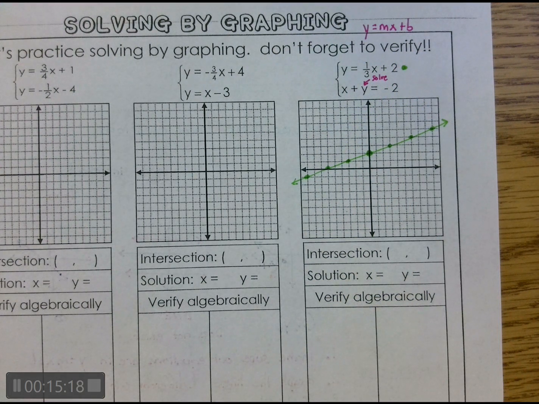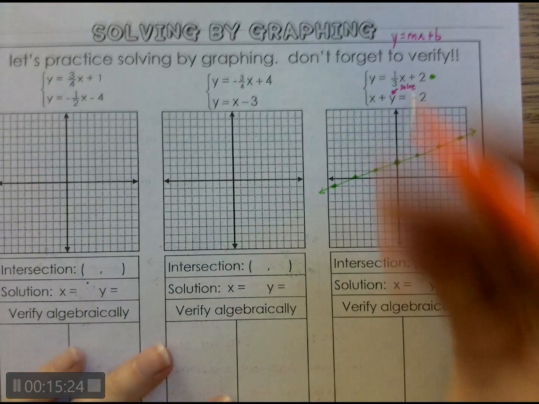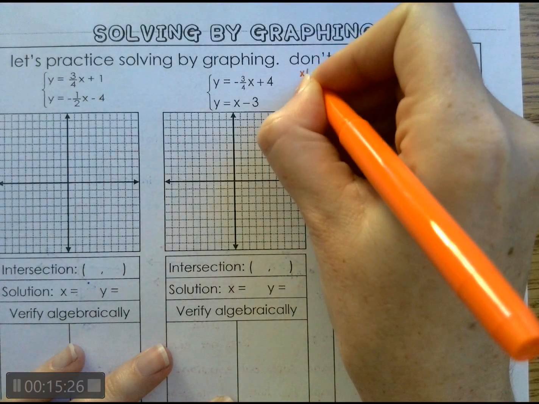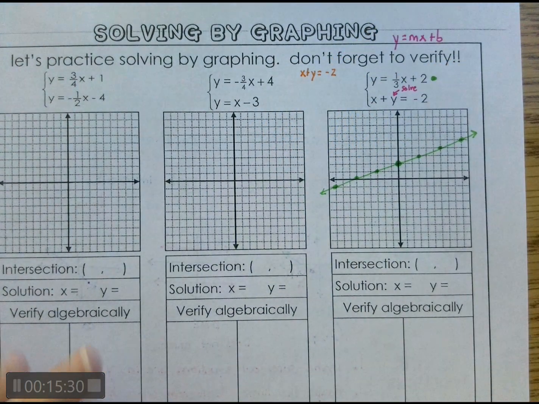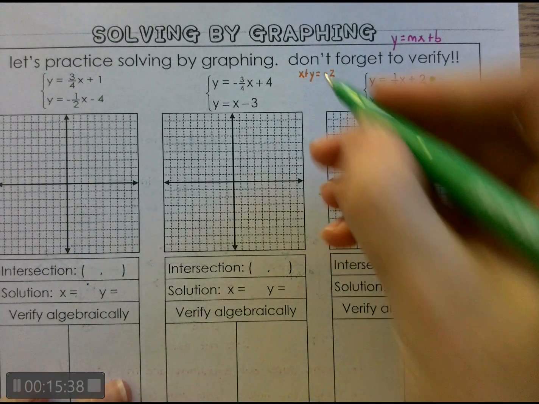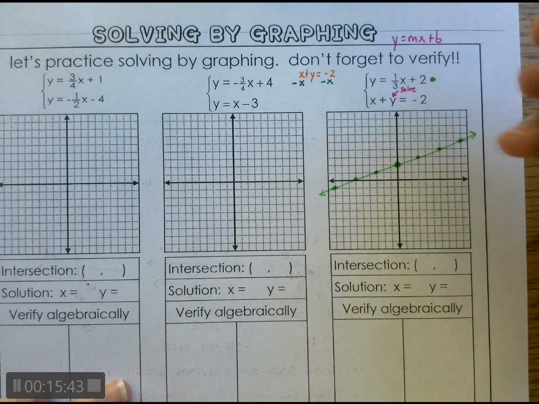Okay, so off to the side, I'm going to do it over here. I'm going to rewrite x plus y equals -2. Okay, in order to solve for y, we need to get y by itself. So to do that, I am going to subtract x from both sides.